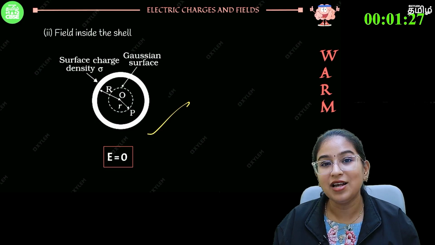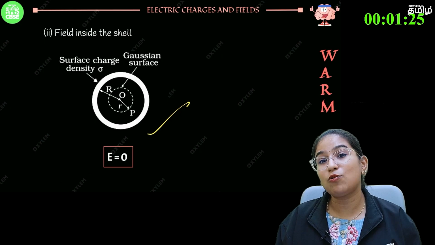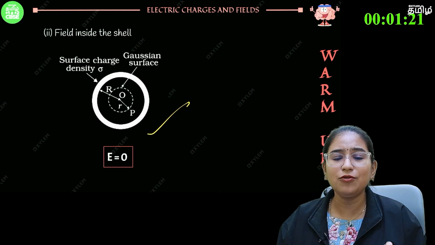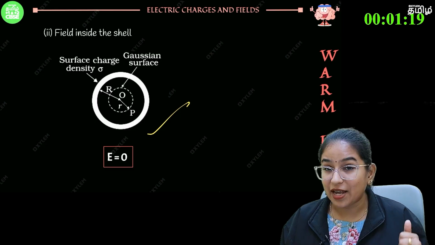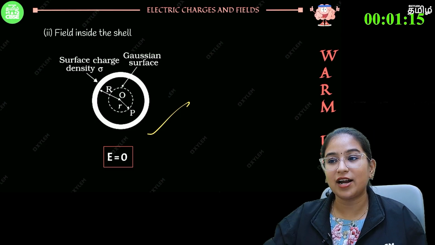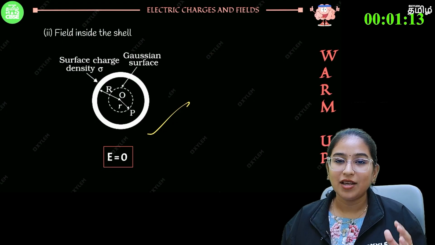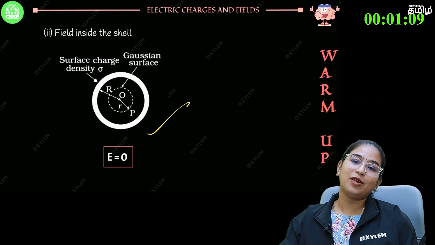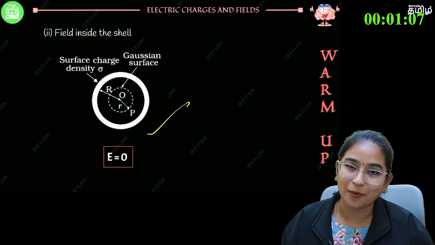Don't miss this and make this warm-up session your eye opener, and use it for your revision. Make a flow chart and a formula sheet, study with that and work out numericals. You can also watch Numerical Express. These things will help you boost your score for your upcoming exams.